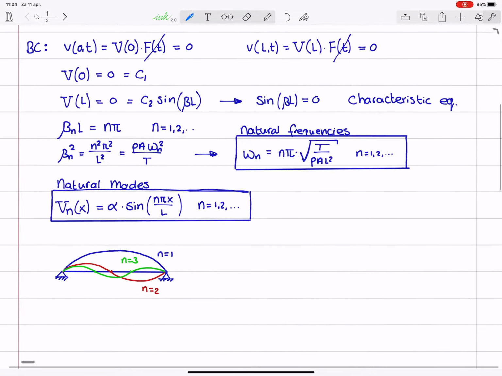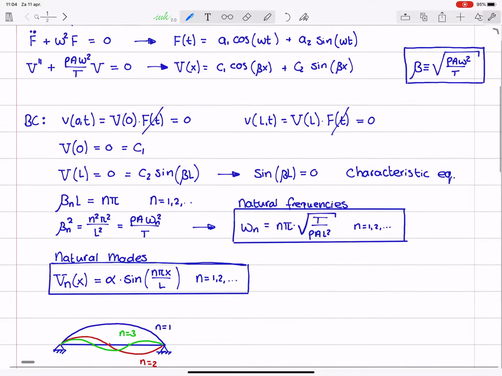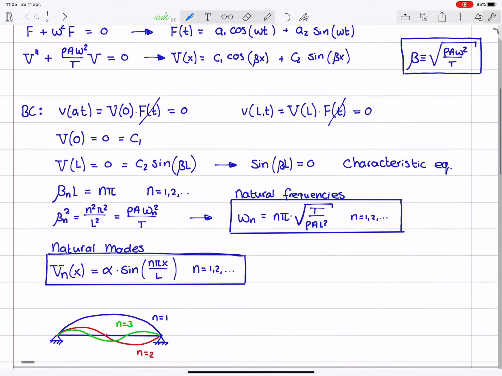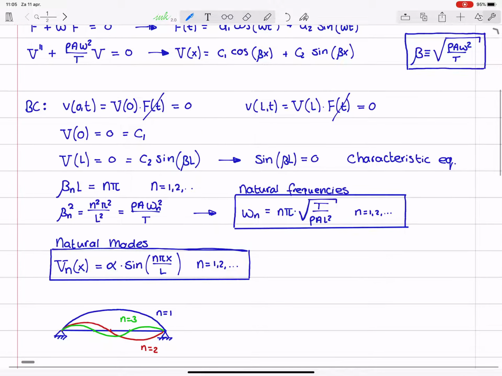So in summary, for determining natural frequencies and modes, we first establish the general solution in space, capital V, and then apply the boundary conditions to it, and we solve for the characteristic equation. Now with this we can move on to solving free and forced vibrations, and that will be done in the next lectures. Thanks for watching.